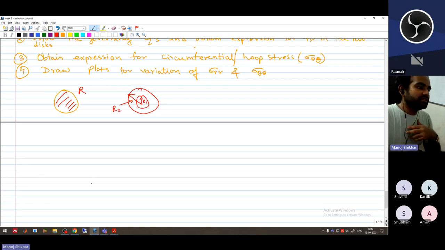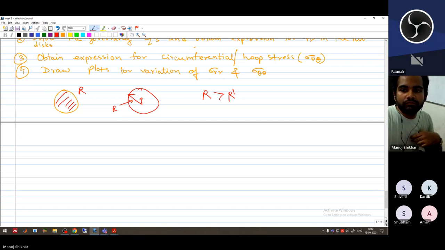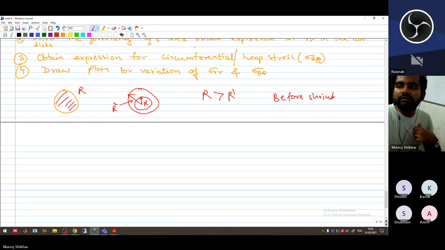Okay, so this is the hollow disk, and the assumption is R is greater than R1. This is before shrink fit. Now after shrink fit, what will happen?